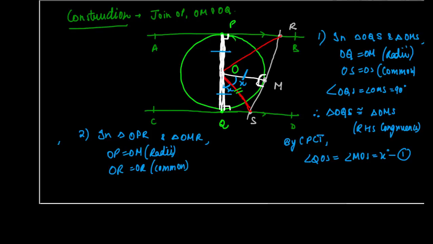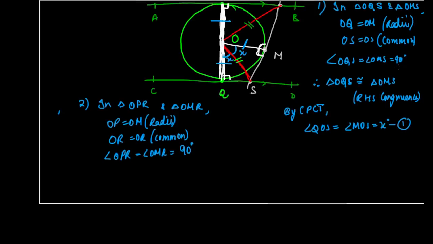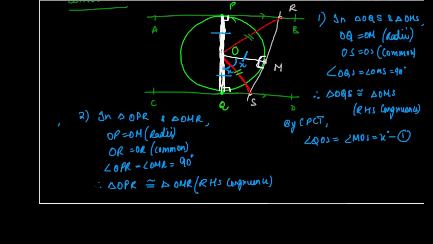And the last part of this congruence is angle OPR equal to angle OMR equal to 90 degrees. Again, radius perpendicular to tangent, so they are both 90. Therefore, triangle OPR is congruent to triangle OMR by RHS congruence.